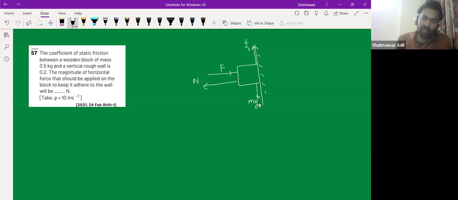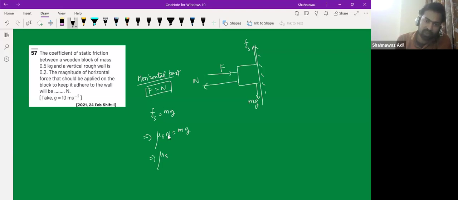So this friction is balanced by mg. The equilibrium condition in the vertical direction gives Fs equals mg. In the horizontal direction, F equals N. And we know that Fs is mu s N, and that is mg.